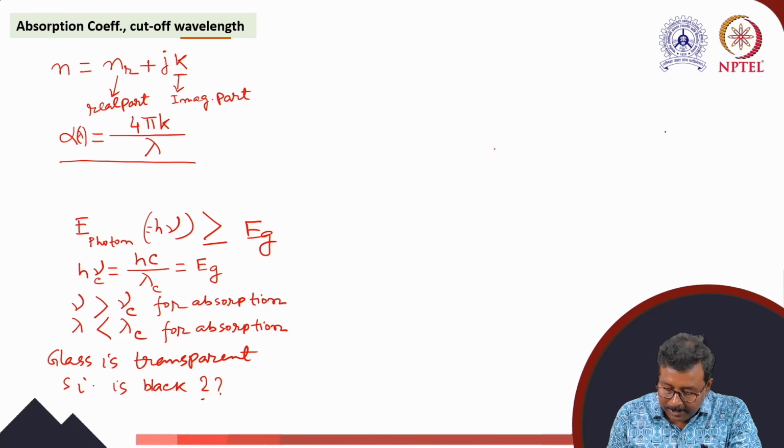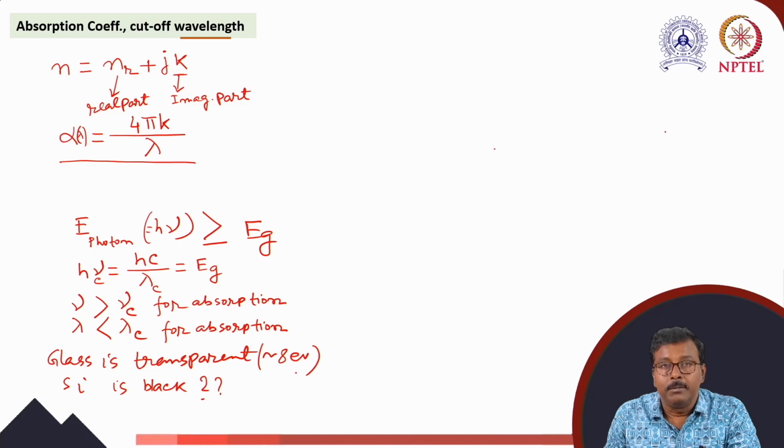Because glass has a band gap in the order of 8 electron volts, say, a very high band gap. High band gap means it needs very high energy to absorb, but the visible range wavelength is in the range of say 400 to 700, 750 nanometers.